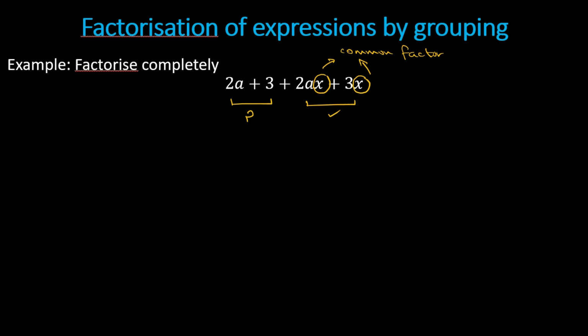You see, for the next two terms, we have been able to identify easily the common factor. What about the first two terms? Can we easily identify the common factor? No. We can't identify the common factor for the first two terms as it is. Right?